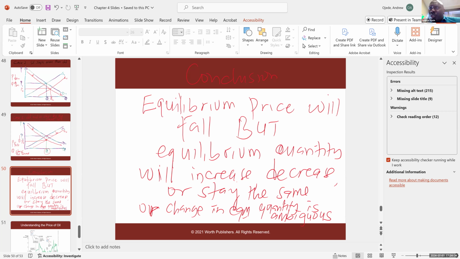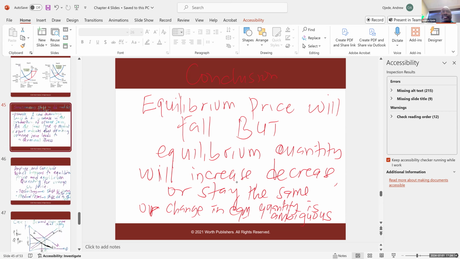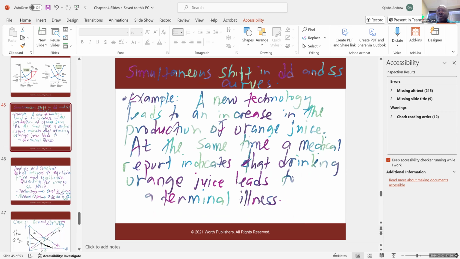Unless I ask you a question specifically on the test, the same question, where I say, a new technology leads to an increase in the production of orange juice. At the same time, a medical report, just like here. But then I say, the impact of the technology on the supply side was more pronounced than the medical report's impact on the demand side of the market.